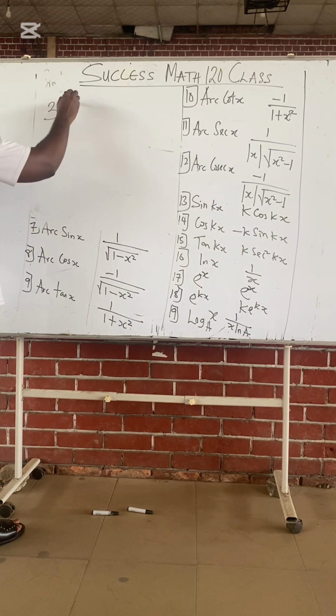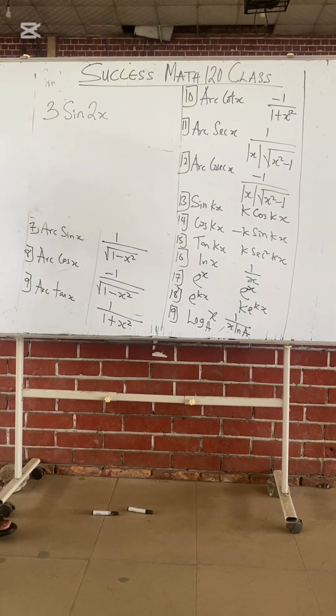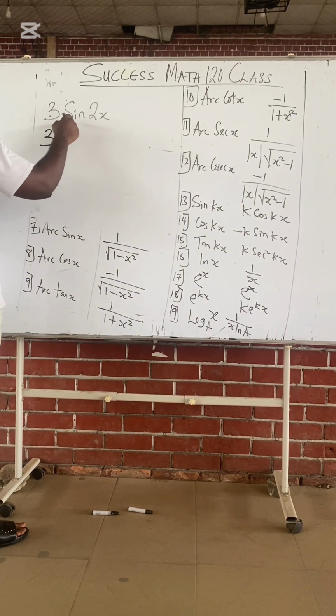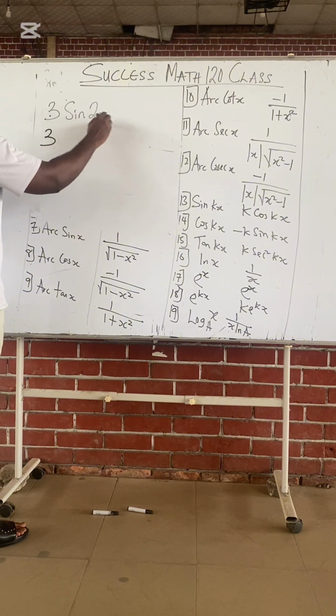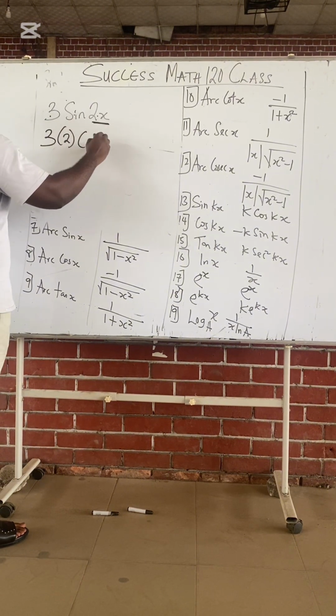Differentiate 3 sine 2x. Class, there's a difference between just sine 2x and 3 sine 2x. For 3 sine 2x, first write this 3, nothing happens to this 3. Then differentiate 2x, you have 2, sine changes to cos, repeat your 2.